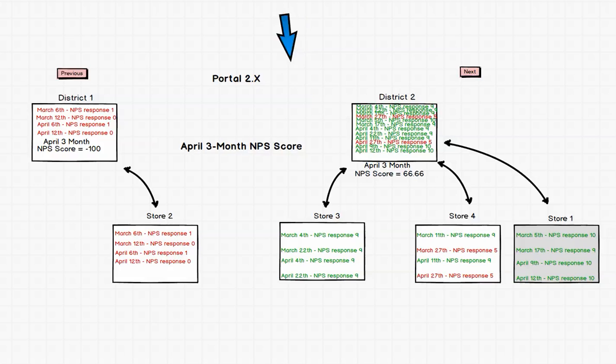With the way that the current 2.x portal works, we can see how there's a need to calculate this the way the financials work, because when a store moves, when Store 1 moves, all of a sudden District 2's score jumps up from this move, and District 1's score drops from this move.